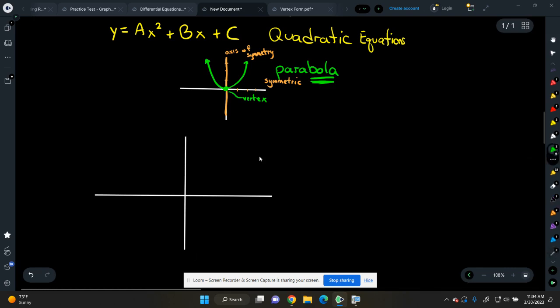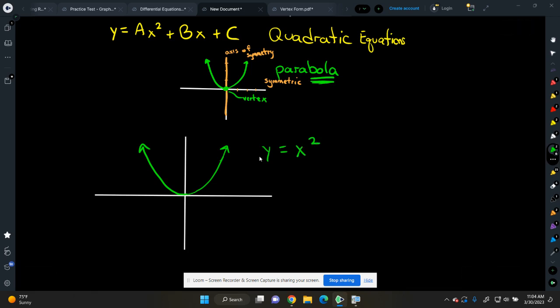This graph that we're looking at is y equals x squared. That doesn't look exactly like ax squared plus bx plus c, does it? But I know it's a parabola because the x is squared and the y is not squared.